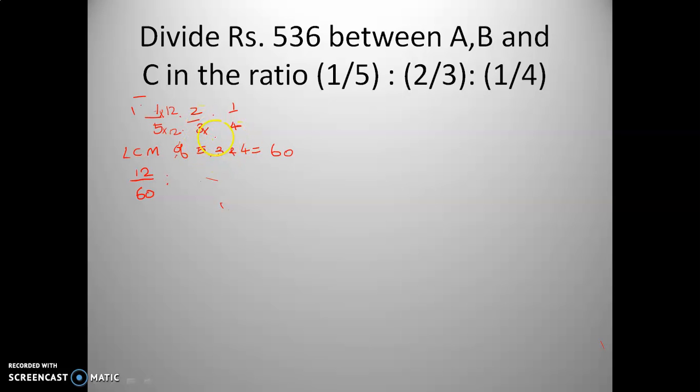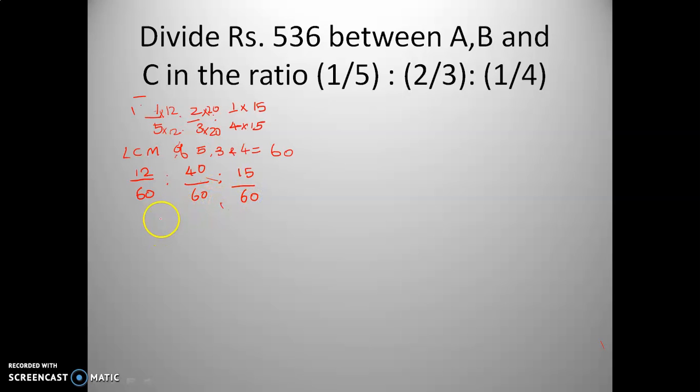Here 3 is there, no? So again in the numerator it has to be multiplied by 20. So what will I get? 40 divided by 60. Here I have to multiply by 15. In the numerator also I will multiply by 15. So we will get 15 by 60.